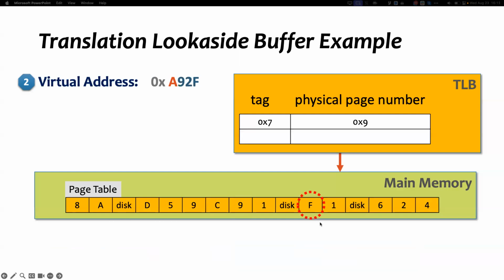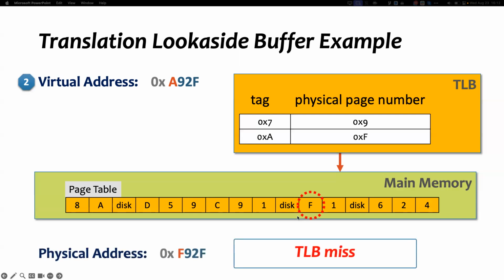And at index 10, the translation gives us an F, which is 15 in decimal, right? So I know I need to replace A with F in the physical address. And again, I will store this translation in the TLB. Right? At this point, the TLB is filled up. So if I need another translation at a later point, some of these entries need to be thrown away.